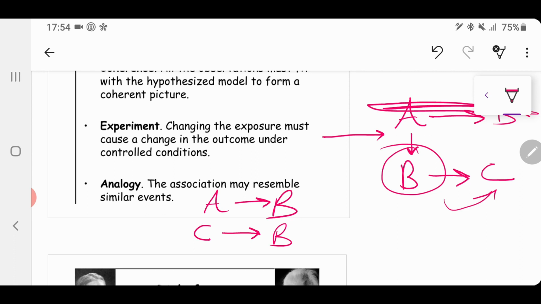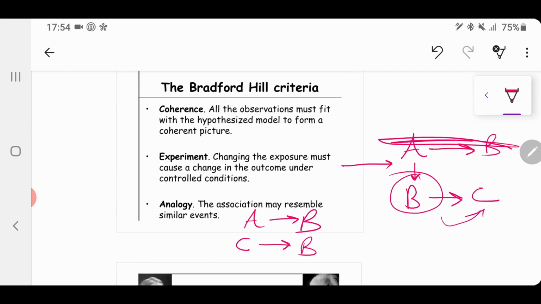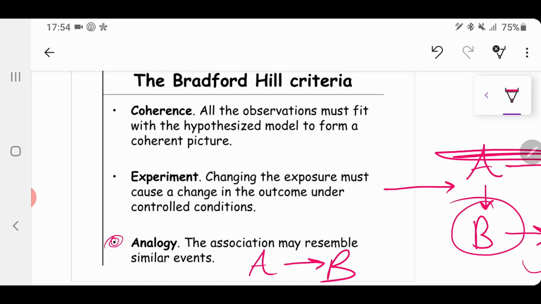I think that's what that's trying to say. Obviously, I'm not 100% with all these. Well, at least this one. And yeah, coherence. All the observations must fit with the model. So whatever you've hypothesized, the observations should be coherent.